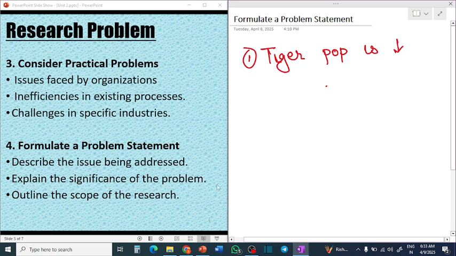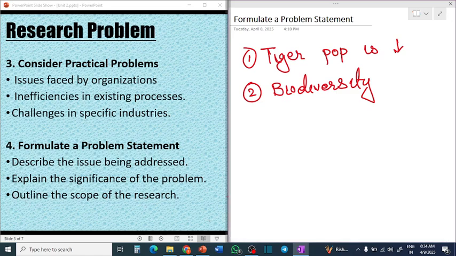Explain the significance of the problem. Significance is, tigers population decreases, so the biodiversity will also be affected negatively. And the third, outline the scope of research. Scope of research means the limitation of research, where you will do your research.